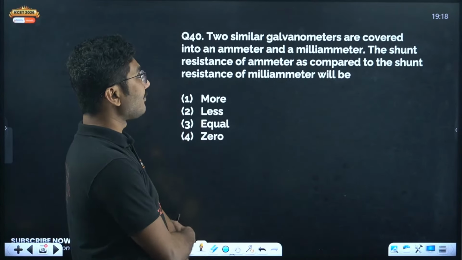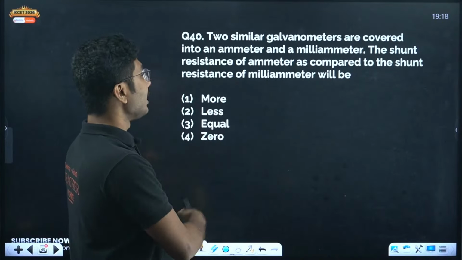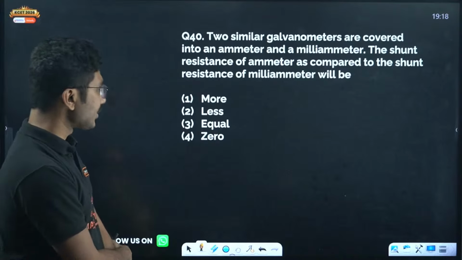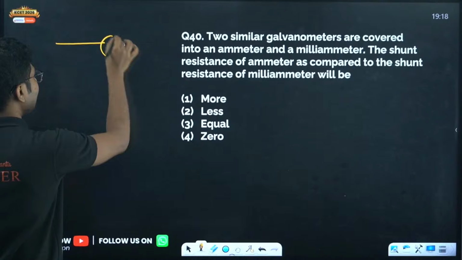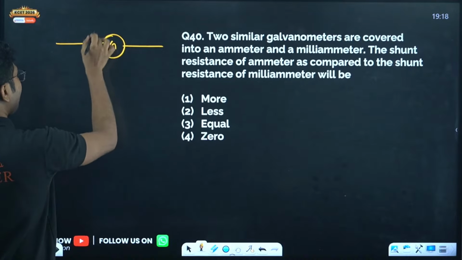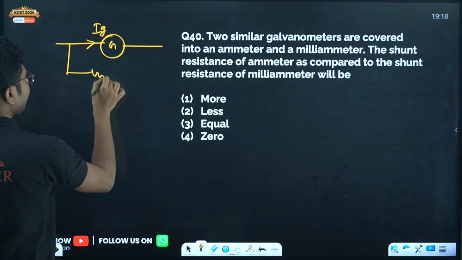Two similar galvanometers are converted into an ammeter and a milliammeter. The shunt resistance of the ammeter as compared to the shunt resistance of the milliammeter will be. So here we have a galvanometer. The maximum galvanometer current is constant. Now here we have a shunt resistance.